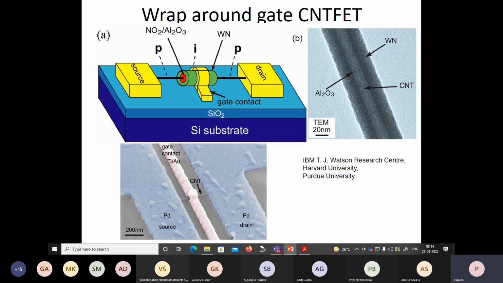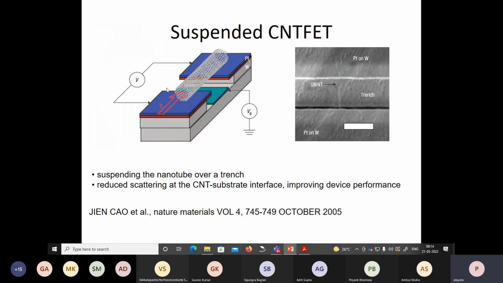And lastly, we talked about suspended CNT FET, where the CNT is suspended on source and drain, and it is not directly in contact with the substrate. People have seen that this kind of structure gives much higher mobility than conventional CNT FETs, because the carbon nanotube is not in contact with the substrate. But obviously this is the most complex structure to fabricate.